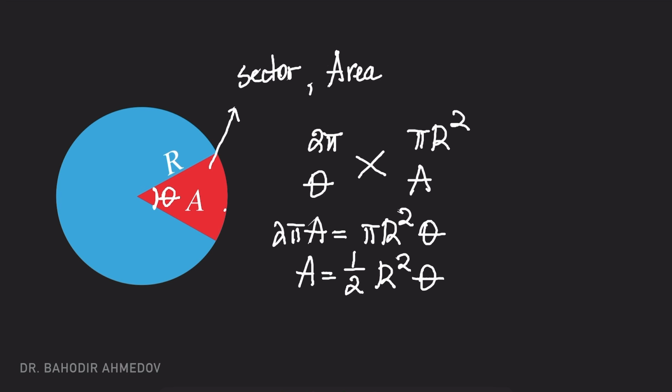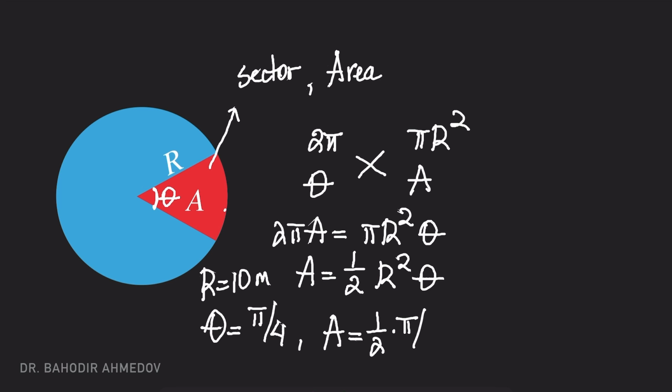So let's assume that this theta is equal to pi over 4, or essentially 45 degrees. If I substitute the 45 degrees into the area formula, and the radius, let's say, is equal to 10 meters, the area is going to be equal to 1 over 2 times pi over 4 times the radius squared, which is 10 squared.